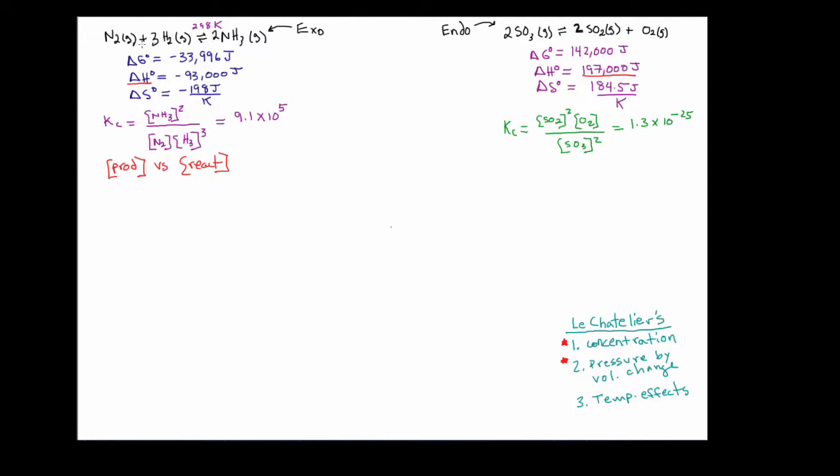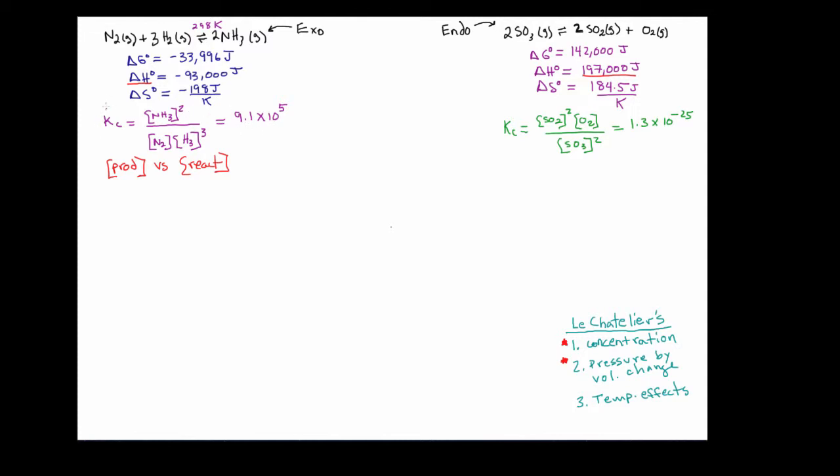So when we dumped in the reactants, what that did to this ratio was it perturbed it. It changed it away from what its normal equilibrium ratio is, so that the concentrations of the products and the reactants were out of proportion. So when this reaction shifts to the right in order to make more product, what's actually going on is that the ratio basically is shifting around to re-equal this number, the number which is 9 times 10 to the 5th.